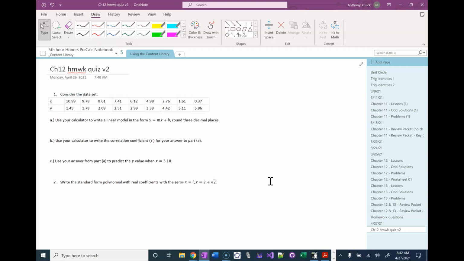For nonlinear things, you can't do it. Is that okay? Like a power function or an exponential function, an exponential regression or whatever. Yeah, no problem.